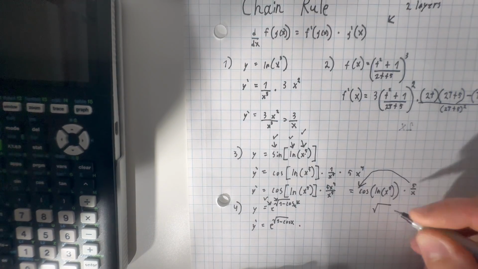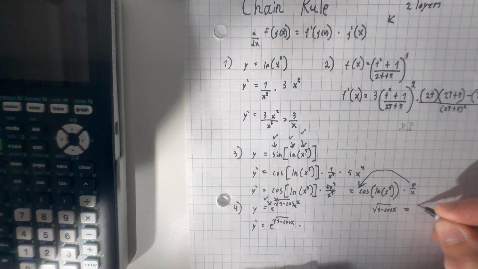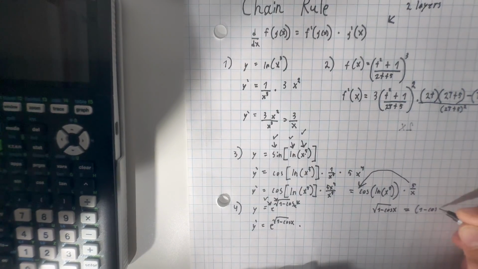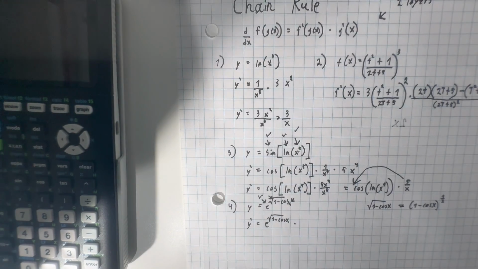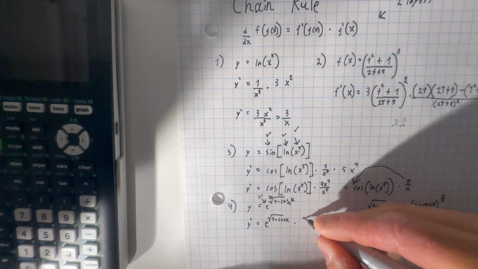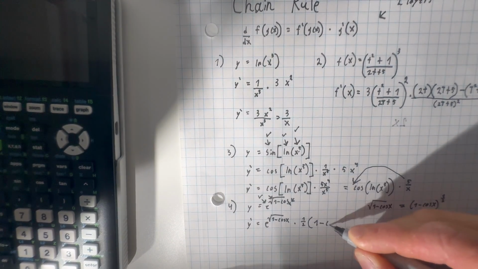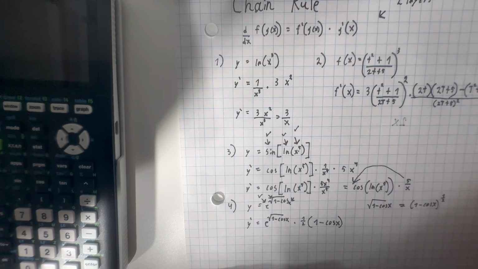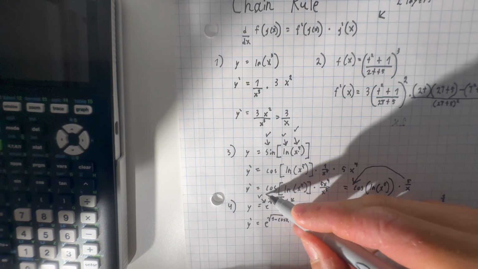Just a side note, we can write the square root of 1 minus cosine of x as 1 minus cosine of x to the power of 1/2. And from now on, we can apply our power rule. So the derivative of this, using the power rule, is 1/2 times 1 minus cosine of x to the power of negative 1/2. So again, we finished our second layer.